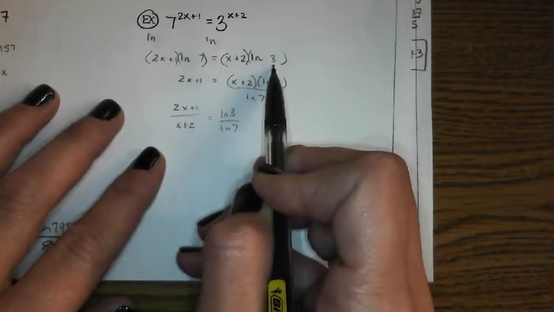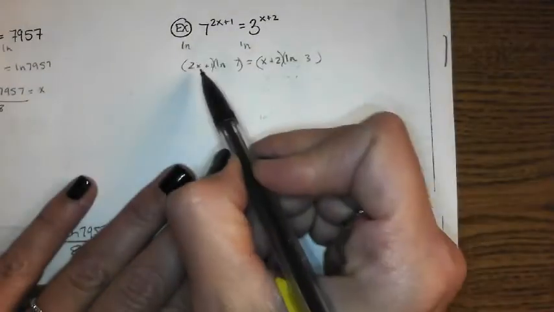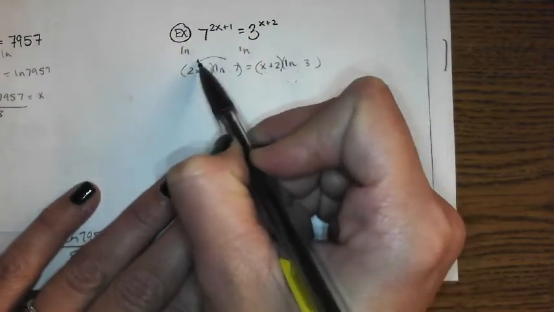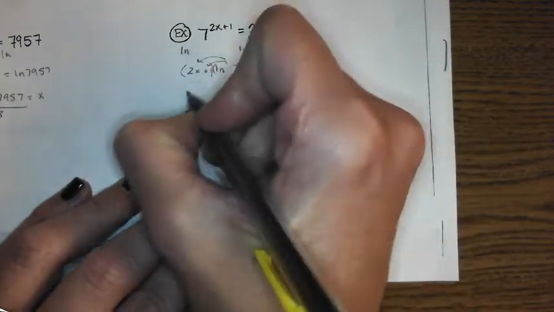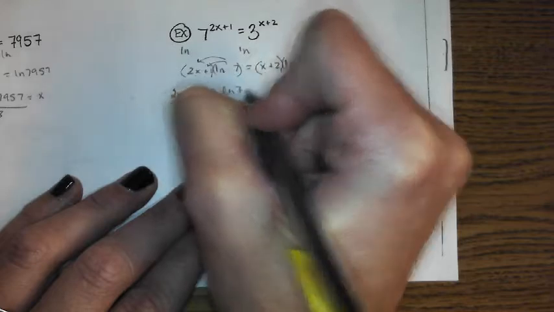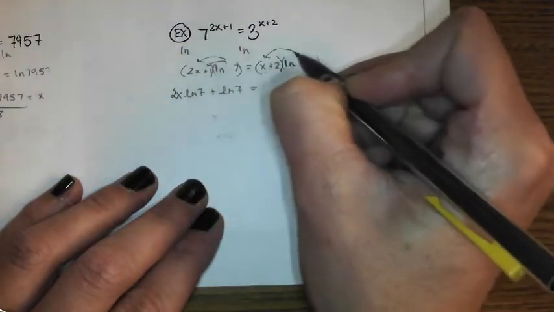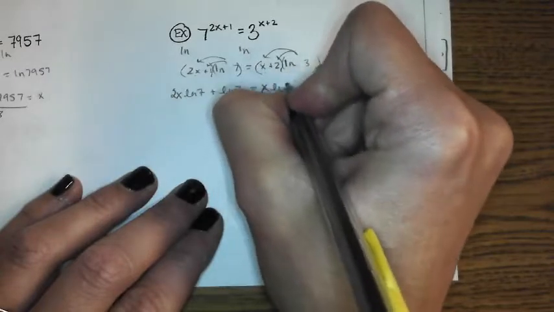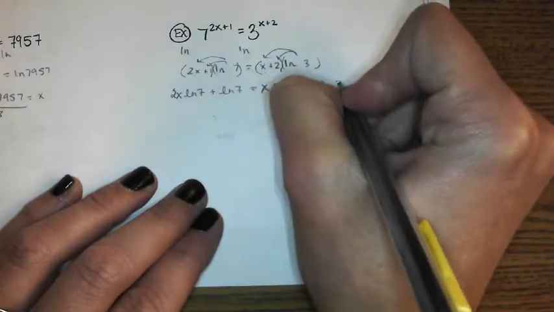Does that make sense? So unfortunately, what we have to do that we may not like doing is we have to get these two x terms together, which means we have to distribute. So it's 2x times the natural log of 7 plus the natural log of 7 equals, same thing on this side, x times the natural log of 3 plus 2 times the natural log of 3.